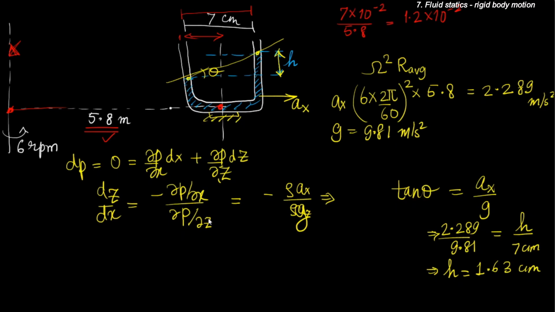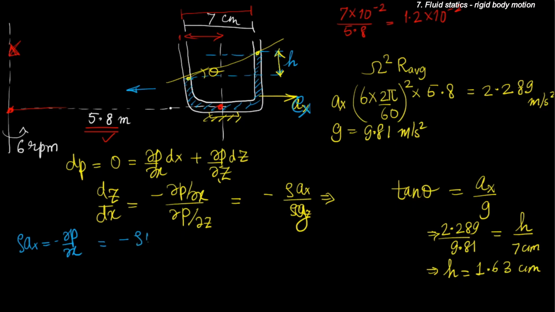Okay, in case you are wondering about that step jump, in the coordinate system in which we view the object, if this is the x direction, the acceleration will be in the minus x direction. So we can write rho ax equal to minus del p del x, but ax will be minus omega square r.